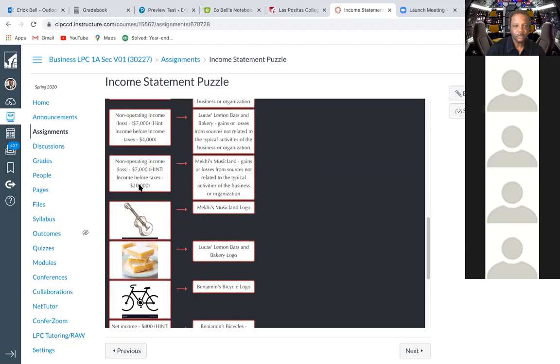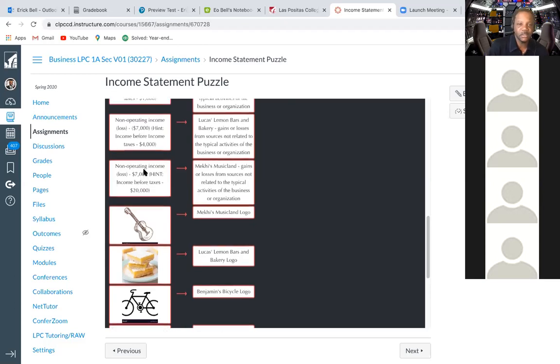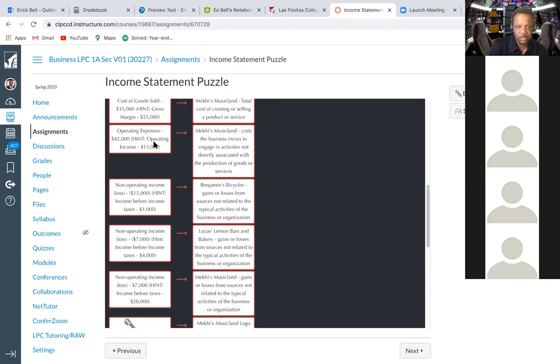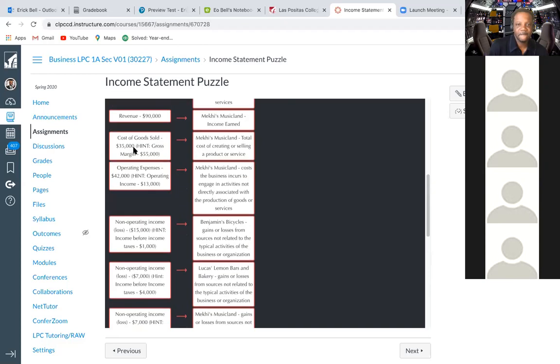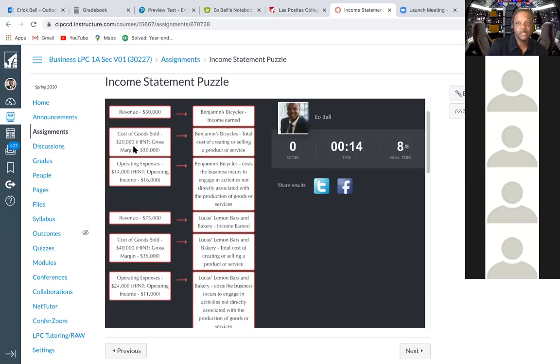So here you would take the 20 and subtract from that the 7, because if you're trying to figure out if the income before taxes is 20, income must be 13,000, which would be right here. Questions?